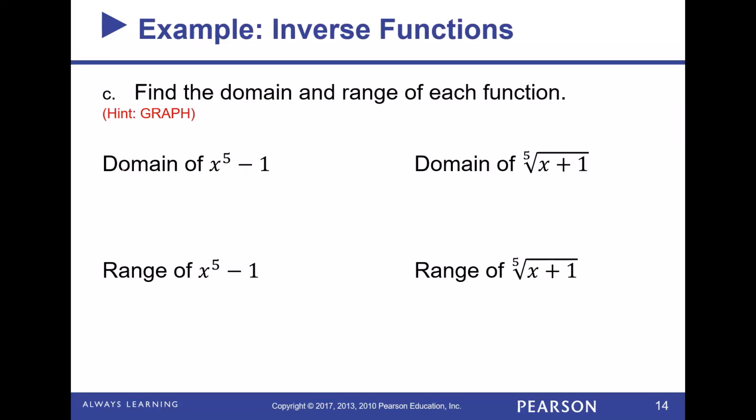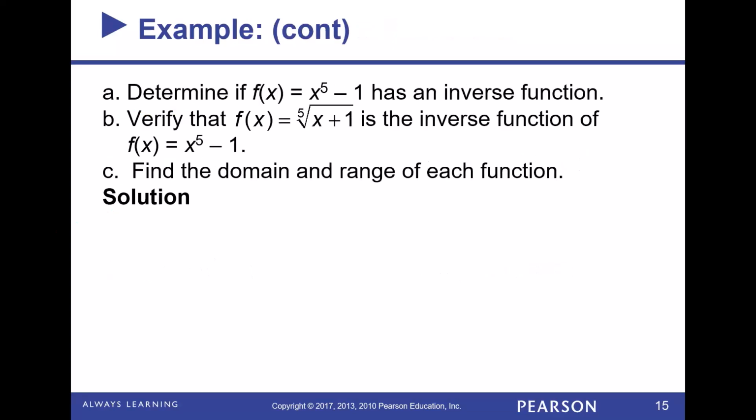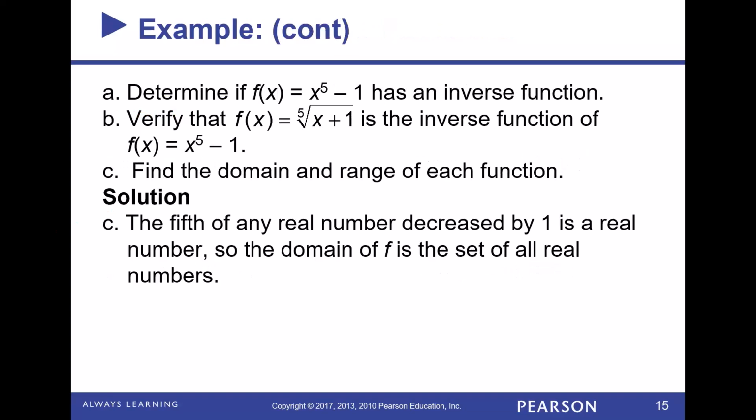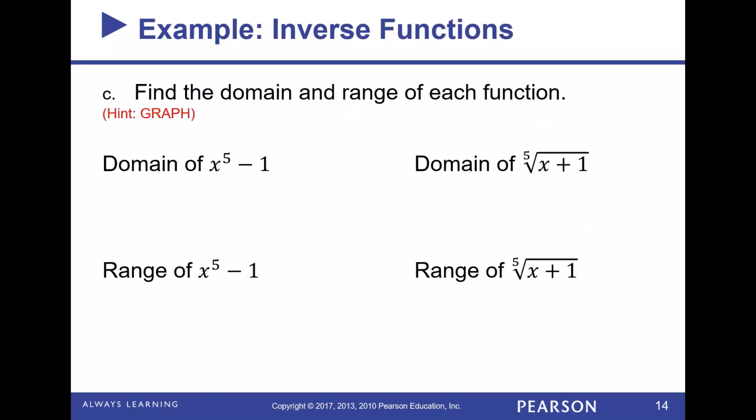No and no. So therefore, my domain here is going to be negative infinity to positive infinity. Now, those same questions also work very well for this one, which will also be negative infinity to positive infinity. Now, your range may be a little bit harder.